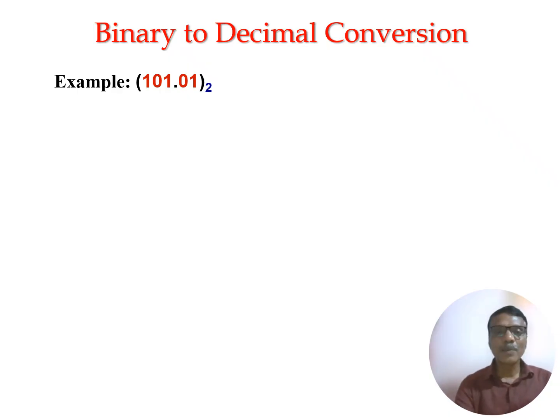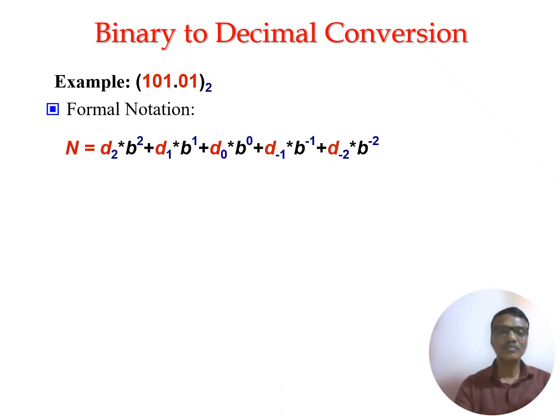So next, binary to decimal conversion. So what we discussed in the previous, like this only, its position value, here the base is 2, base power 0, 1, 2, and here minus 1, minus 2, base power minus 1, minus 2, like this.